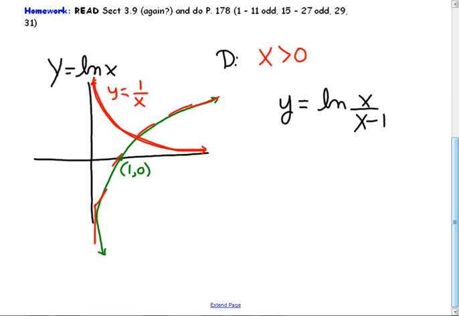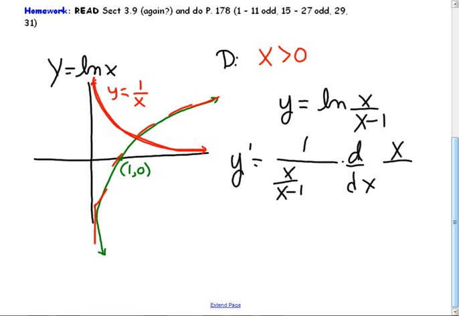Well, if you blindly go into it, you go y prime is equal to 1 over that thing times the derivative of that thing, which means I have to use the quotient rule. Or I could be clever. Can you rewrite this differently?